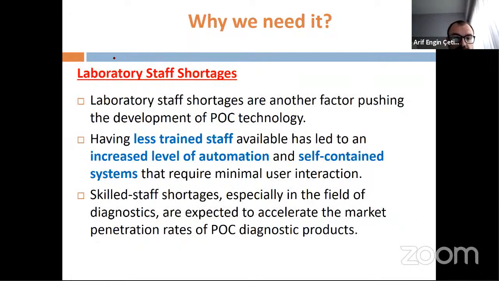So laboratories. For well-developed tests in medical infrastructures, you need a well-experienced and educated laboratory.